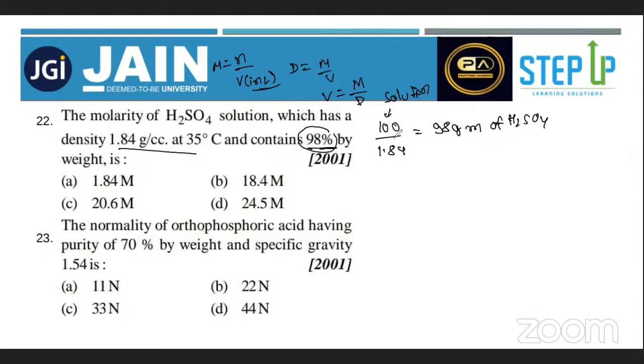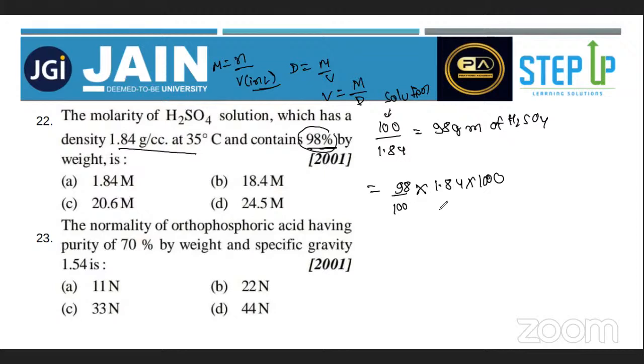So for 1000, I just divide by 1000. Basically, the question turns into this form: for 98 by 100, for 1000 if I'm trying to find it, 98 times 1000 into 1.98 by 100 into 1.84 into 1000. This many grams. Okay. So we have to find out the answer for this.